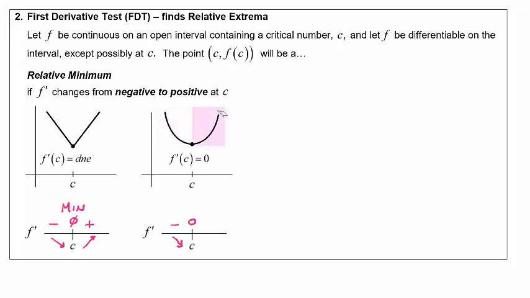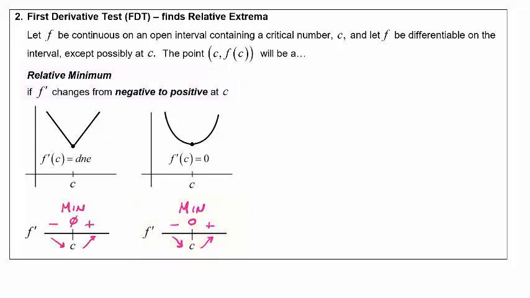To the right of c, f is increasing, so f prime will be positive. So when we have this situation where the derivative changes from negative to positive at x equals c, we know that there will be a relative minimum at the point c, f of c.